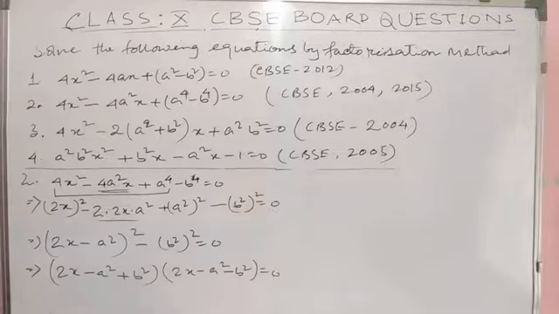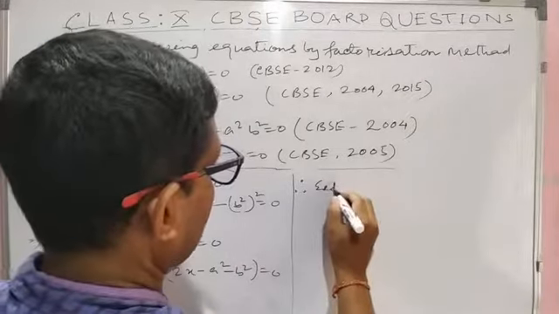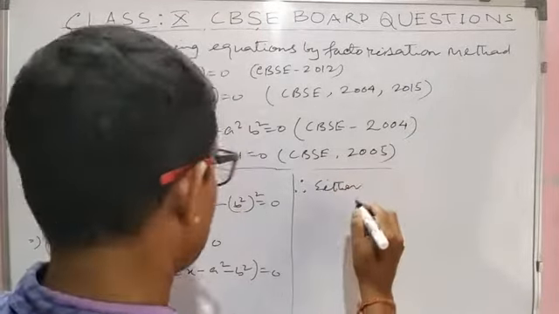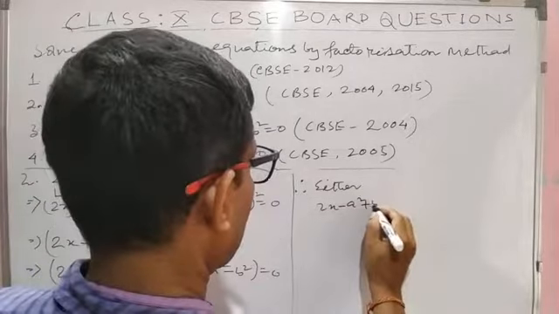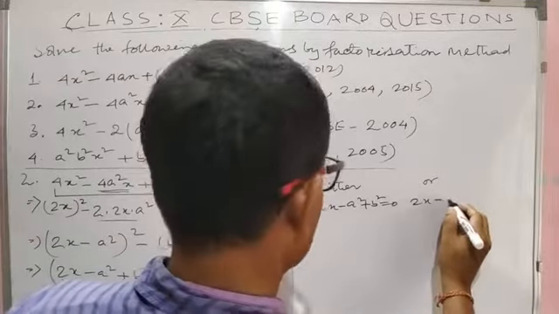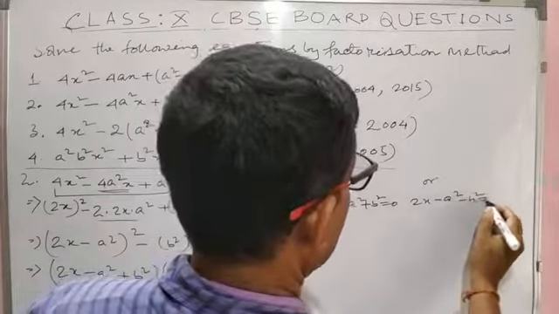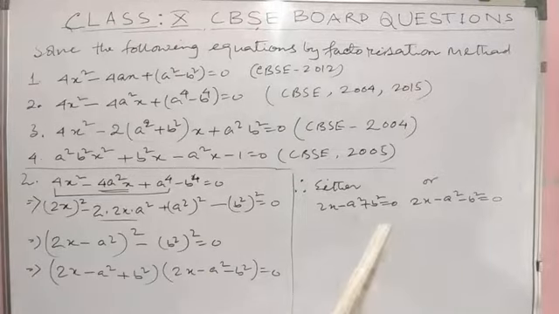Now again let us do either-or. Either this equal to 0 or this equal to 0. Therefore, either 2x − a² + b² equal to 0 or 2x − a² − b² equal to 0.